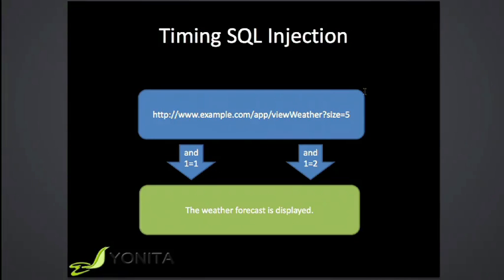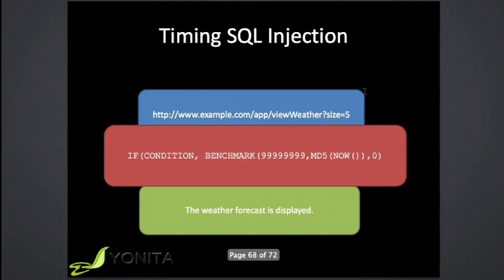So we can't find out what was the result of the execution. But take a look at this SQL if statement. Based on the condition, we execute the first branch or the second branch.